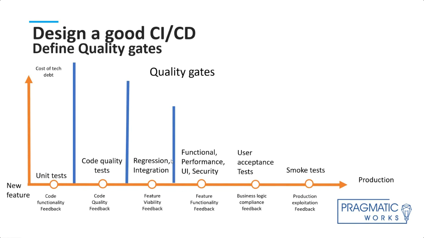Regression and integration testing is a very common thing, but it can be implemented at the latest stages because it's a kind of automated test which can be skipped, but it's nice to have them because when you release a new feature, you must create an integration test for that just to check that it works fine with other services and nothing is broken.